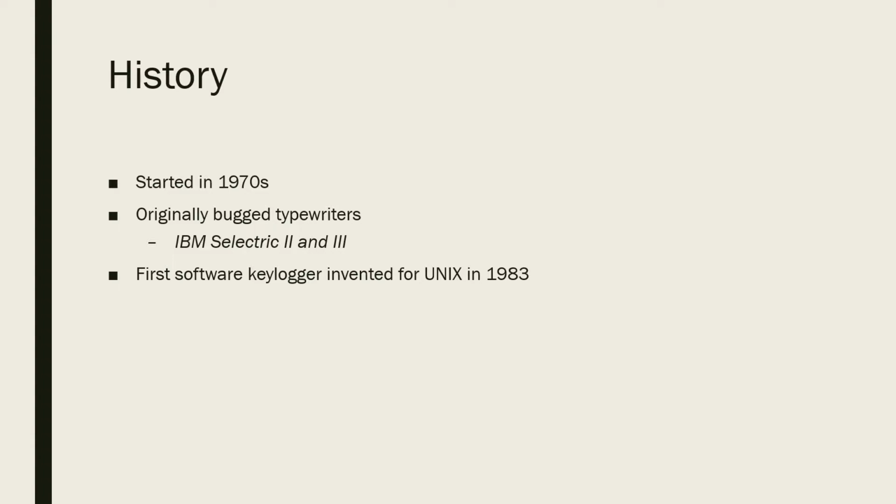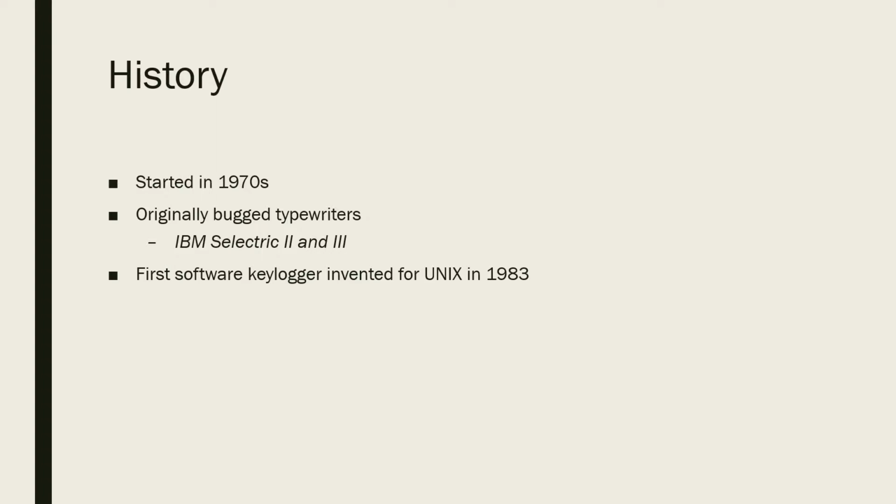To start off, we'll talk a little about the history of keylogging. It started off in the mid-1970s. The Soviets were bugging IBM Selectric 2 and 3 typewriters at the U.S. embassies.